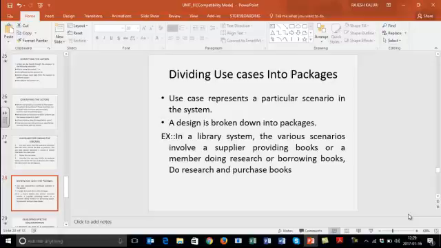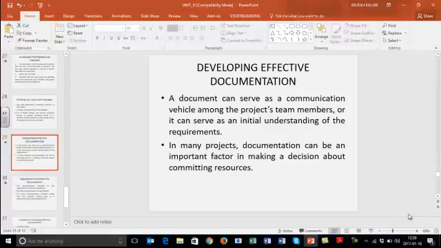So do research and purchase books. These kinds of elementary aspects can be done in the object-oriented analysis approach. And then coming to the next one, which is developing effective documentation. This is also one of the important ones.